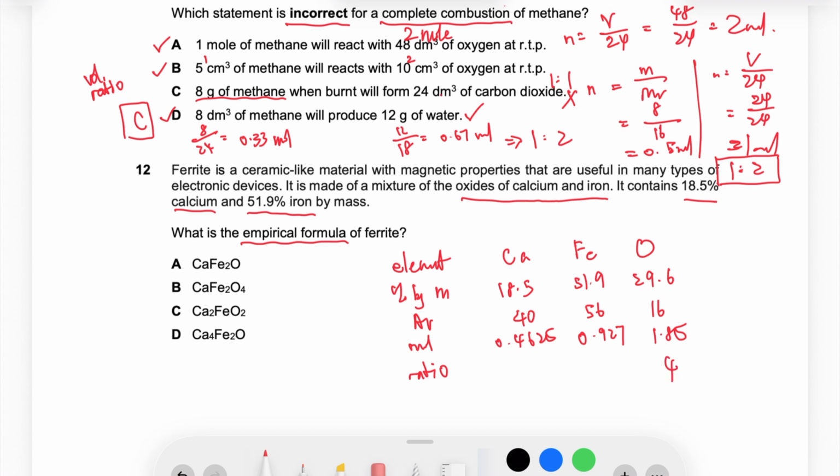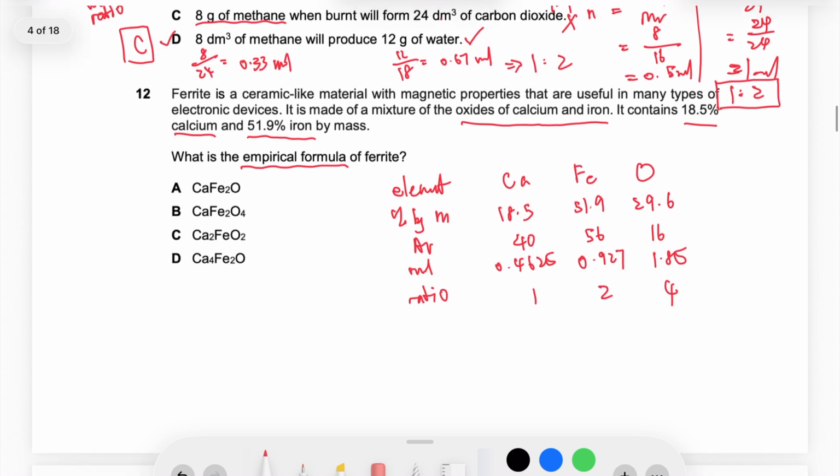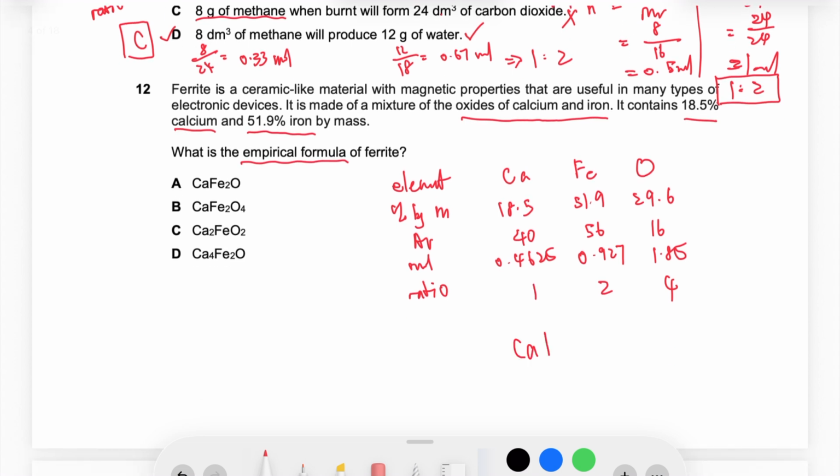So this is exactly 4, this will be 2, and this will be 1. So the ratio will be CaFe2O4. So the answer will be B. Okay, empirical formula.